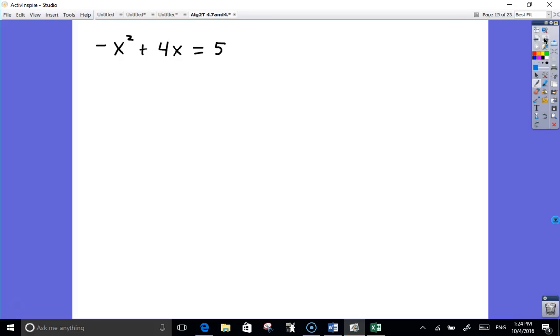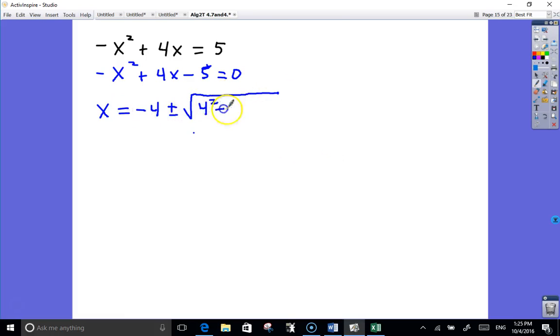Okay, now let's try this one. Negative x squared plus 4x minus 5 equals 0. So a is negative 1, b is 4, c is negative 5. So x equals negative 4 plus or minus the square root of 4 squared minus 4 times negative 1 times negative 5, all over 2 times negative 1.